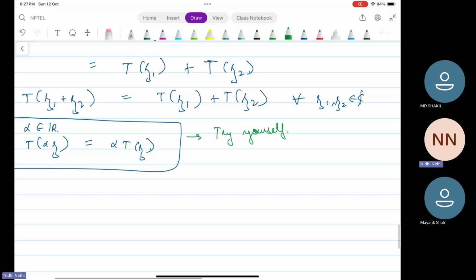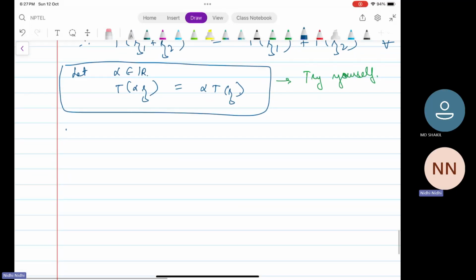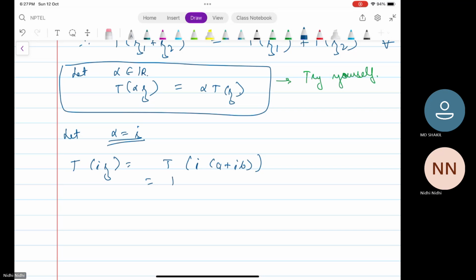Then the problem will happen when we take alpha to be equal to iota. Let alpha be equal to iota. Then T of iota z, this is equal to T of iota times a plus iota b, and this will be T of minus b plus iota a.